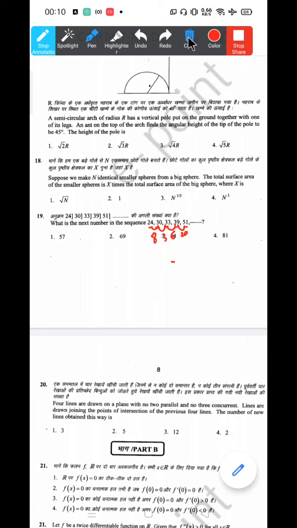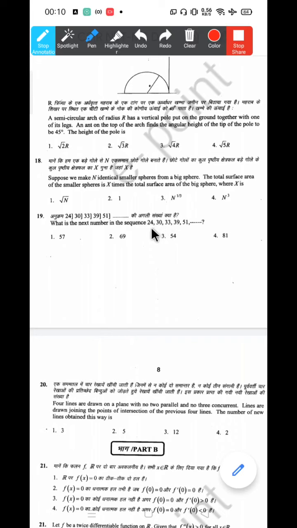Let us think something else. 24, yes, I think I got something.